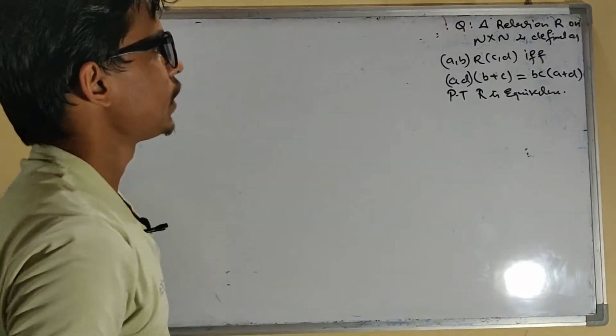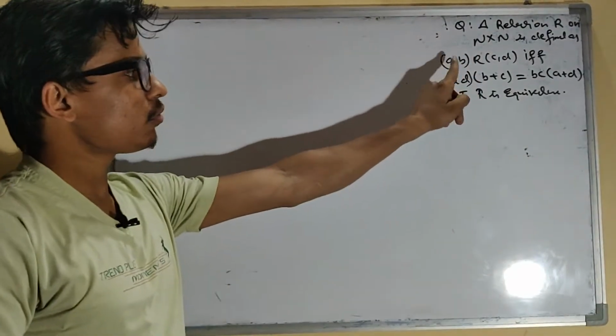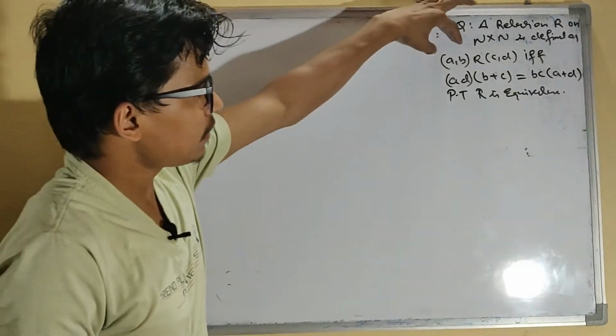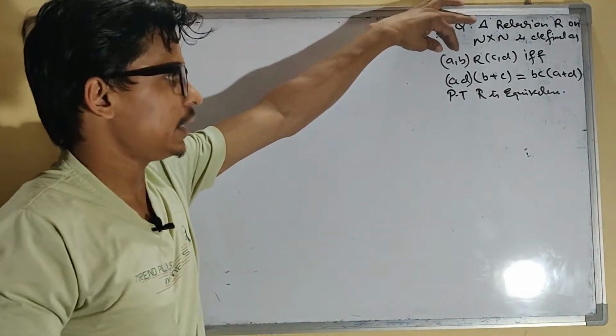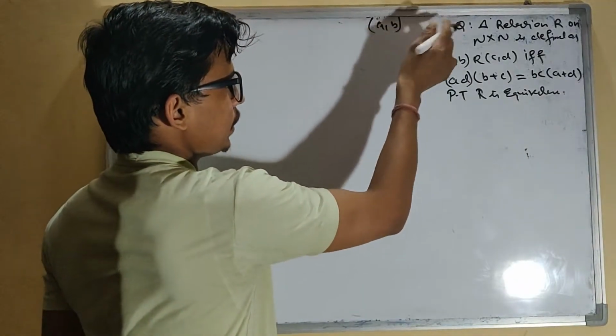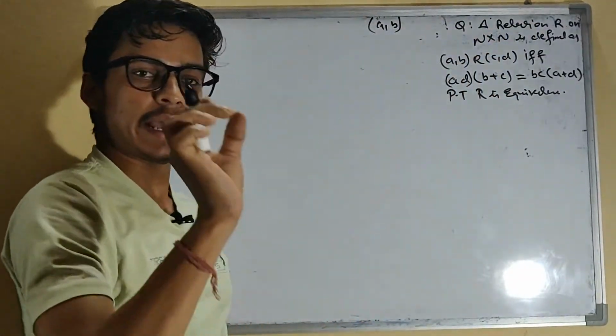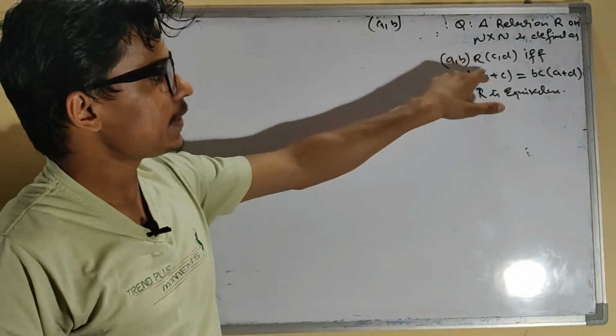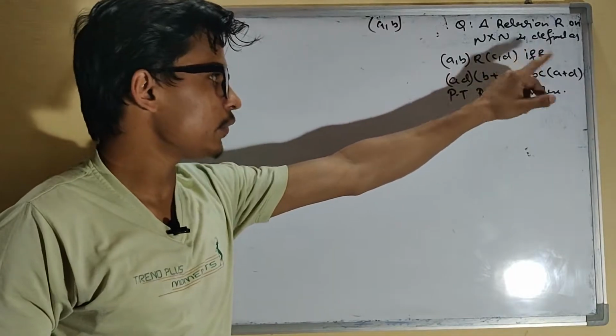So let's solve it. It is saying (a, b) as an element, whereas in the previous questions the element is represented by a single letter, like a is related to b, okay? But here (a, b) is an element of N cross N. So (a, b) is related to (c, d) if... what do we mean by if?